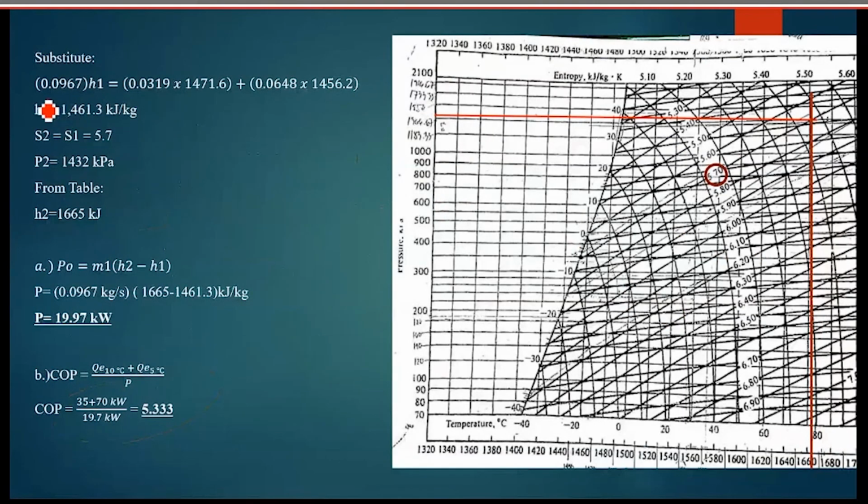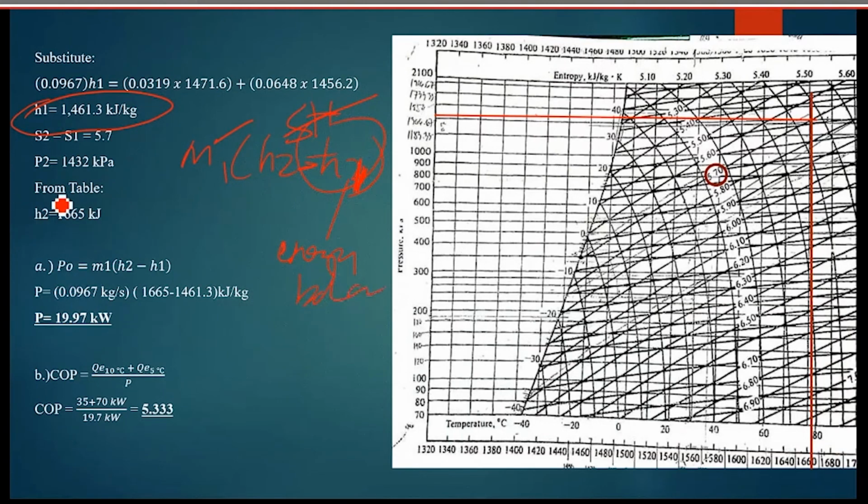Because we need the mass 1 times H2 minus H1 for the work of compressor. H2 we have, because it's a superheat, but H1 we don't have. So we were able to get H1 because of the mass and energy balance.